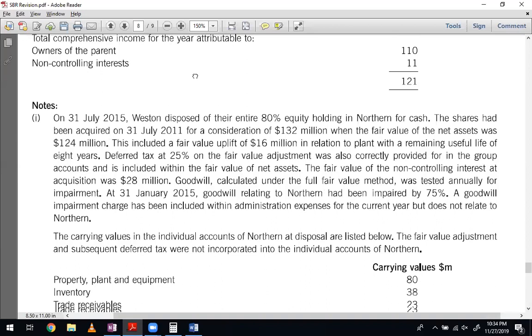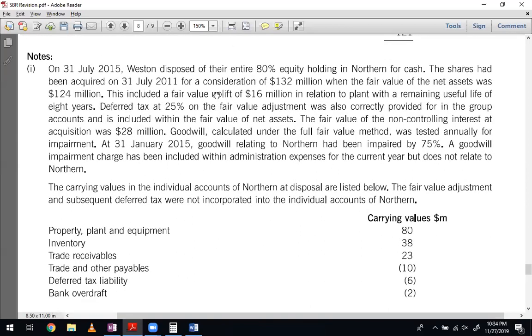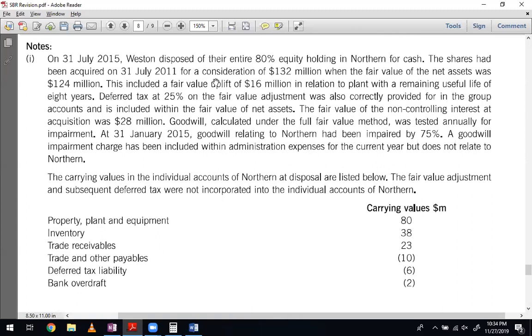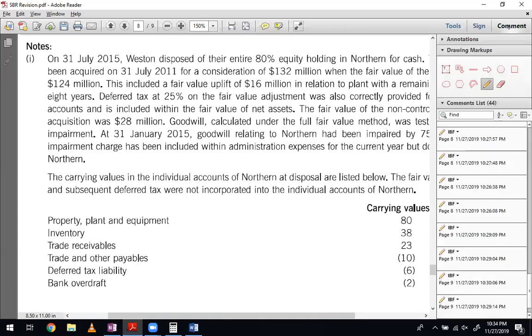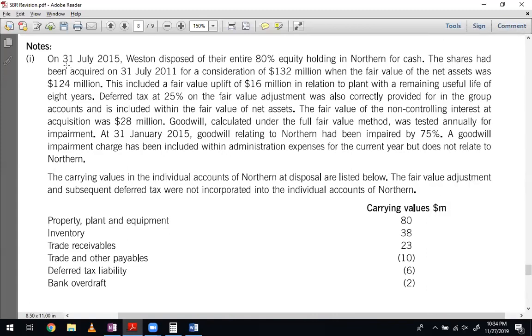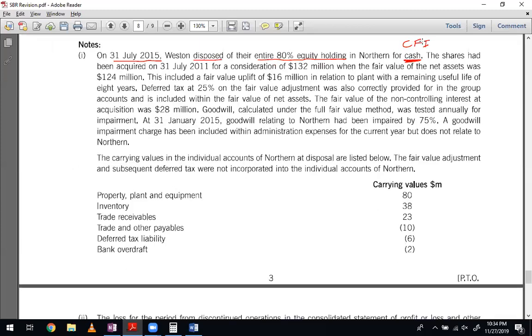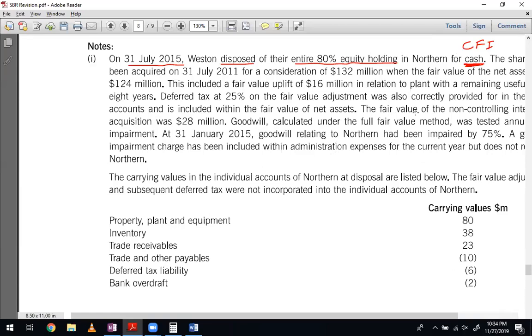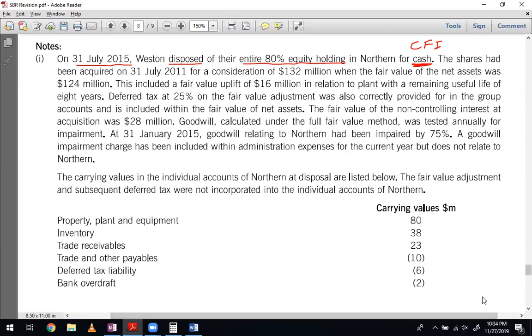Adjustment number 1 says that on 31st July 2015, Western disposed of their entire 80% equity holding. So we have sold the equity holding in Northern for cash. This means we have received cash, so this cash should go to the CFI.